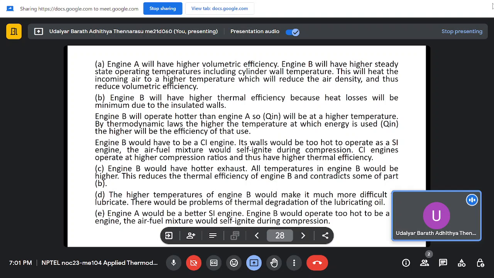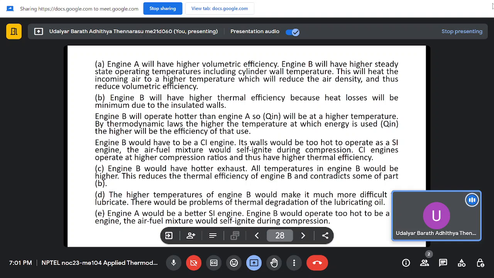So engine B would have to be a CI engine, a compression ignition engine, because the temperature is high, so it's better to have compression ignition where the fuel will self-ignite. If you operate as a spark ignition engine, there will be knocking and it will hamper the engine operation.